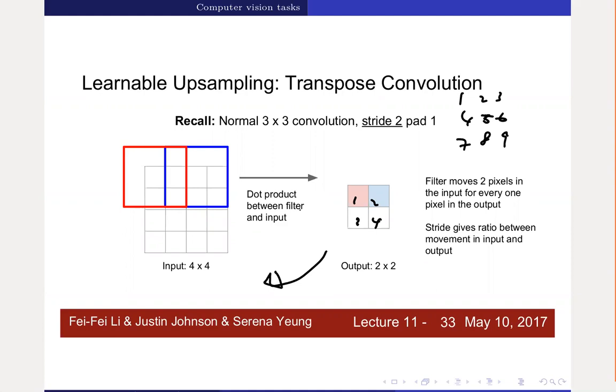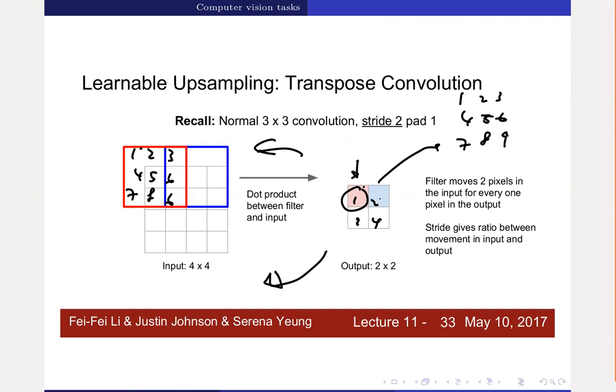If I want to do an opposite operation, it's not completely an inverse operation, I will just multiply this by the kernel and put it here. So I have 1, 2, 3, 4, 5, 6, 7, 8, 9 here.